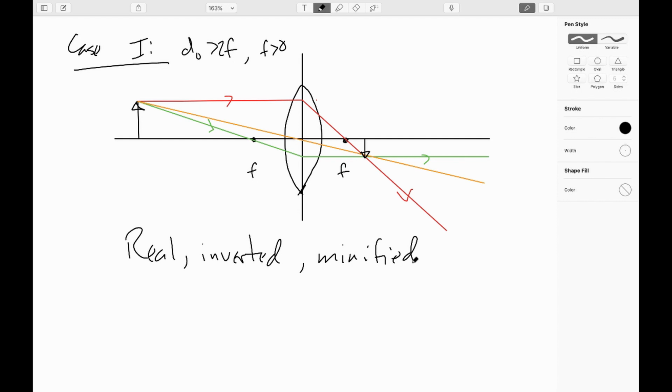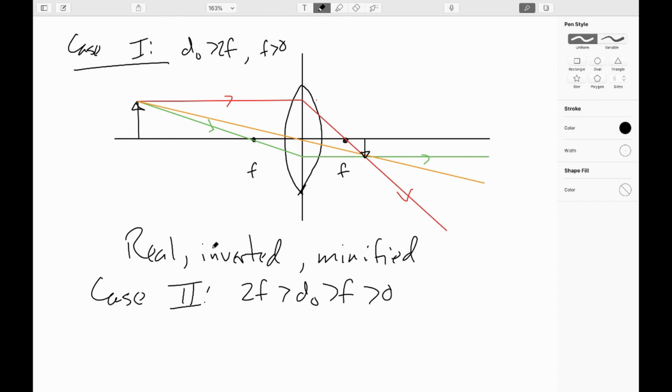And again, just like before, I'm going to ask you to construct the case 2 situation, which is where DO is between F and 2F. And again, we're still dealing with a converging lens.